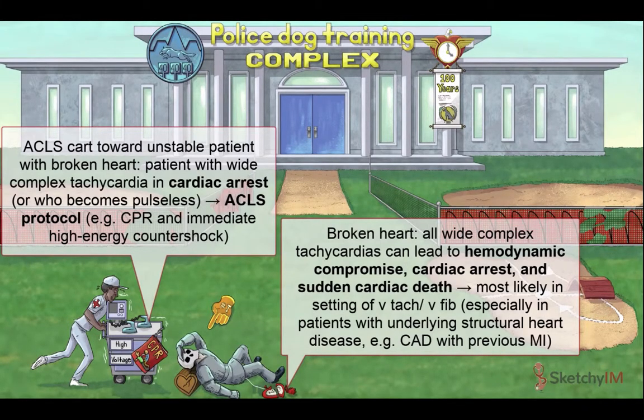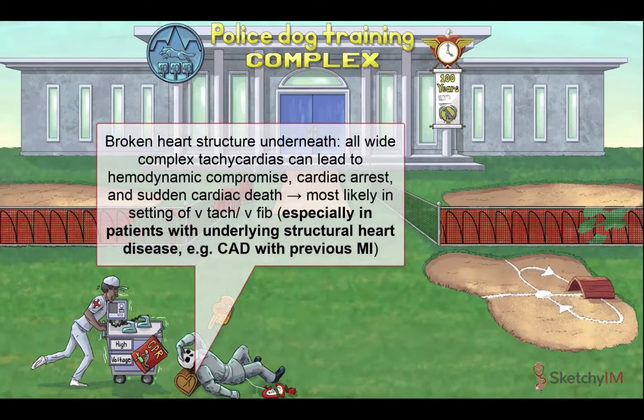Just to clarify, sudden cardiac arrest is the sudden cessation of cardiac activity with hemodynamic collapse, while sudden cardiac death means that the patient died from this event. While all wide complex tachycardias can lead to hemodynamic compromise, cardiac arrest, and sudden cardiac death, this is most likely in the setting of ventricular tachycardia and ventricular fibrillation, especially in patients with underlying cardiac disease. Hence the underlying damaged heart there.